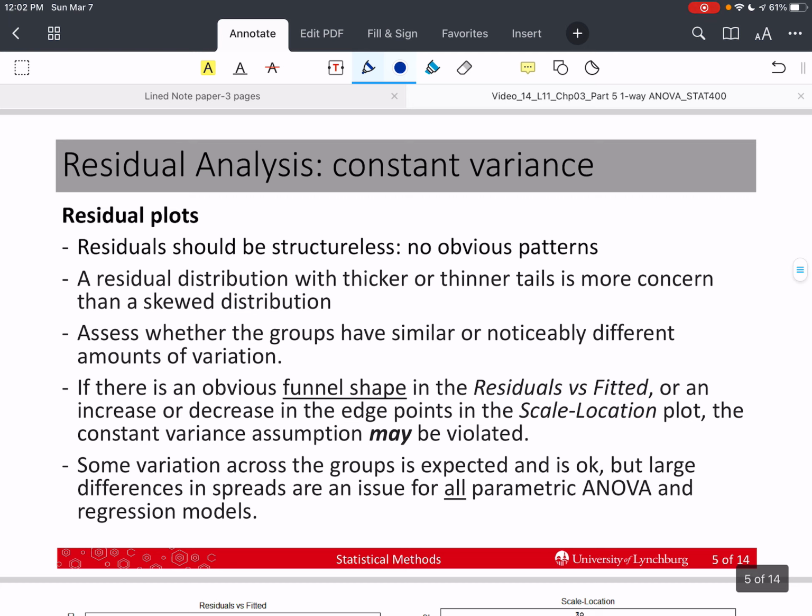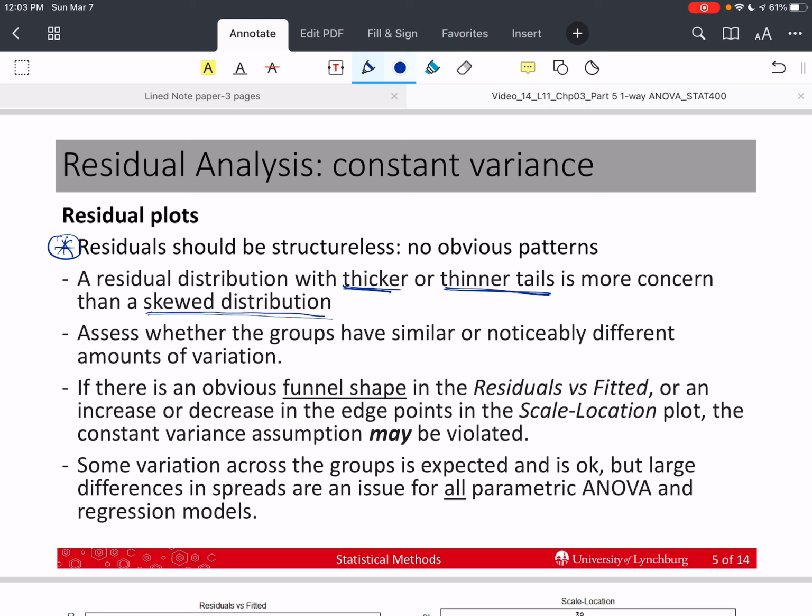So we're looking at residual plots, and the key note here is that they should be structureless. There should not be any obvious patterns, okay? A thicker or thinner tail in the distribution of the residuals is a much bigger concern than if we simply have a skewed residual distribution. We can handle the skewness a lot easier than we can handle the thicker or thinner tails.